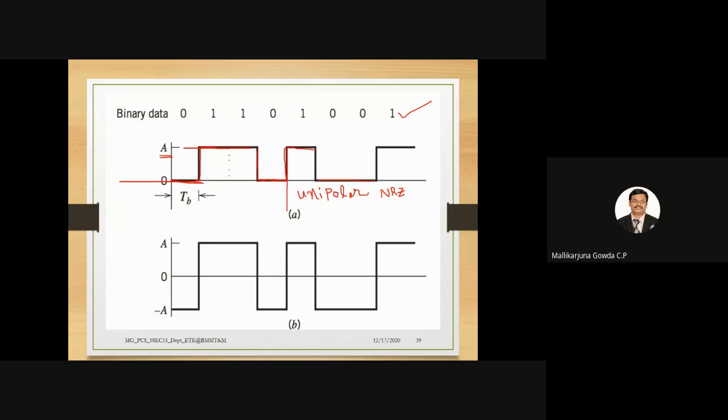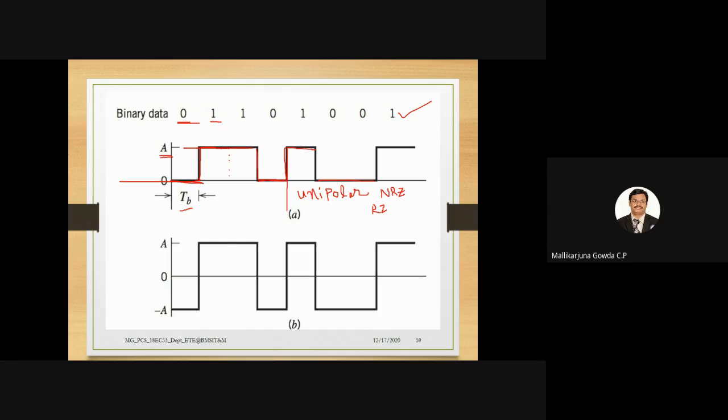Similarly, if I want to write unipolar return to 0: unipolar means it has only one polarity. Binary data 0 will be represented by no pulse, meaning it is at 0 volts. Binary data 1 will be represented by a pulse having certain bit duration with a magnitude of plus A volts.